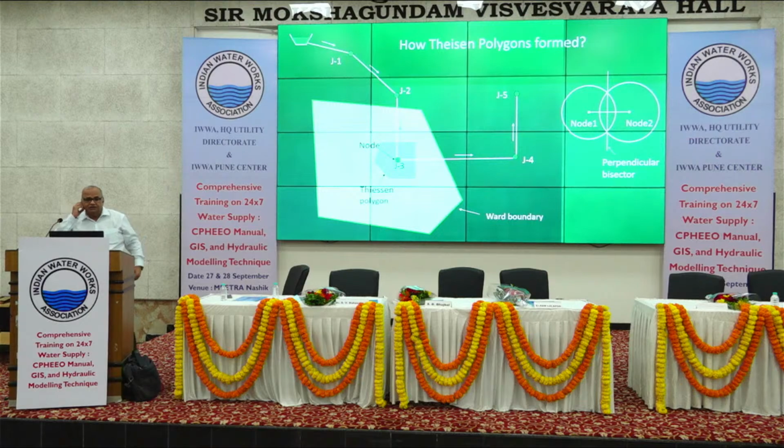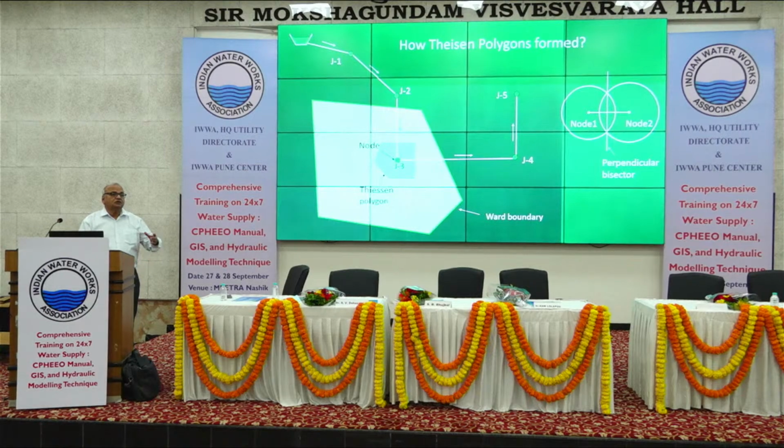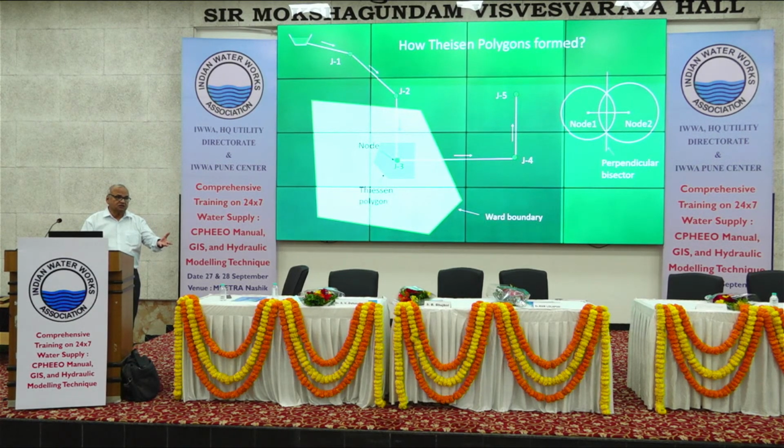And now how does it transfer this demand? First of all, in your WaterGEMS, you have to create these ward boundaries. Now you know the ward boundaries, you know the ward population, the ward population of the 2011 census.